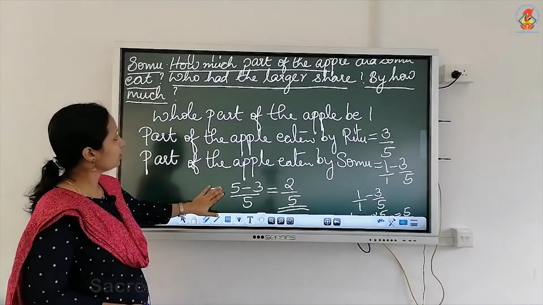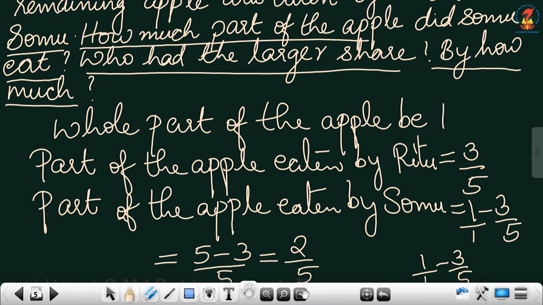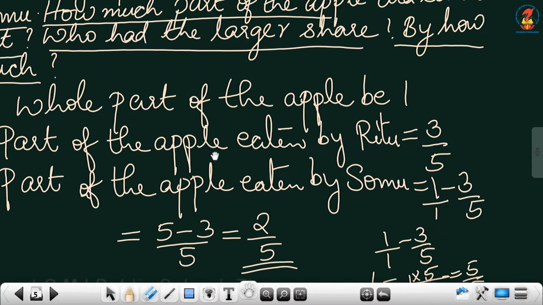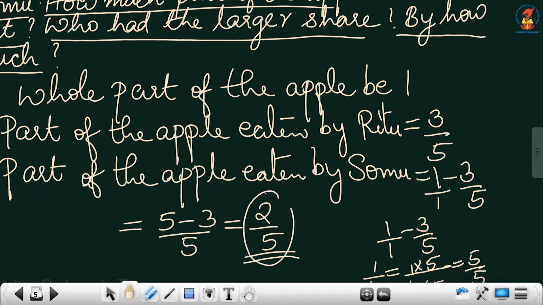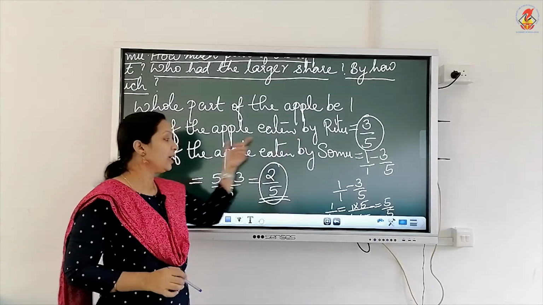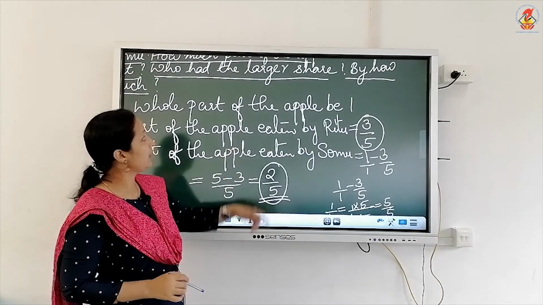Now what is the second part of the question? Who had the larger share? That means we have to compare this and this, is it? This is the part of the apple eaten by Ritu and this is the part eaten by Somu. We have to find who had the largest share.